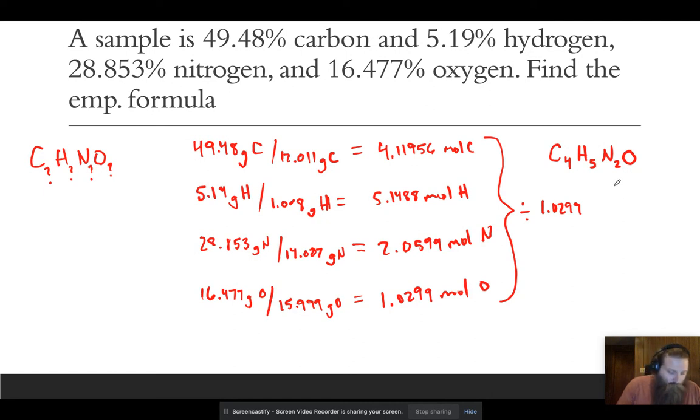All right, I thought something's not right. Let me check my math. That doesn't look like me. This should be caffeine. It's a bigger molecule than that. So let's just run to our notes and see what we got going on here.